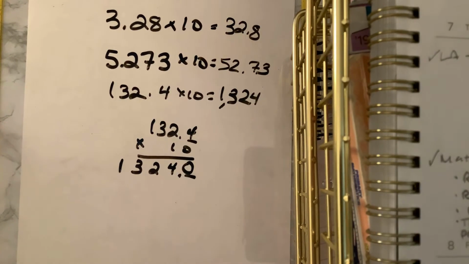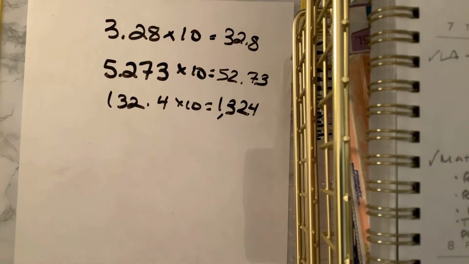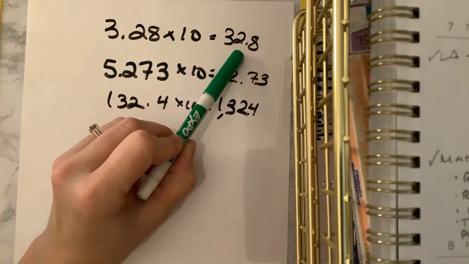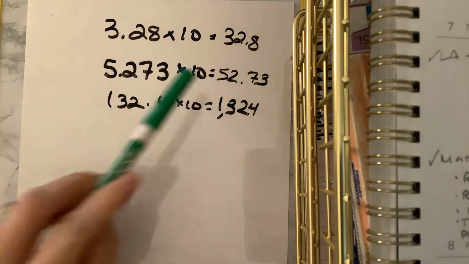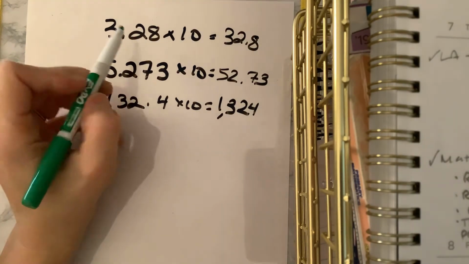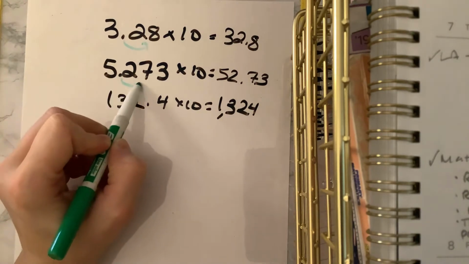Okay, so now I want you to look at these 3 problems with these 3 answers and see if you notice anything, any patterns at all with our decimal point in particular. Looking at our decimal point here to here, do you notice anything? Hopefully what you're noticing is that in each case, it's barely showing up, but you can see it.